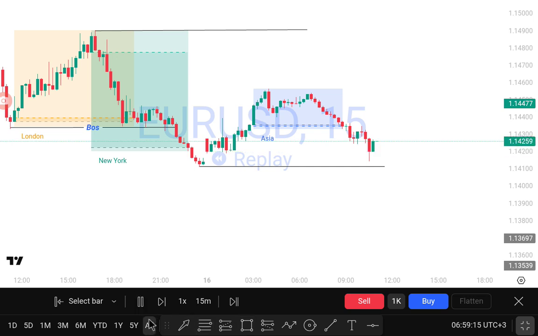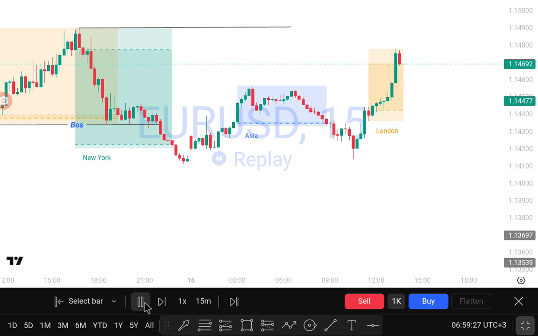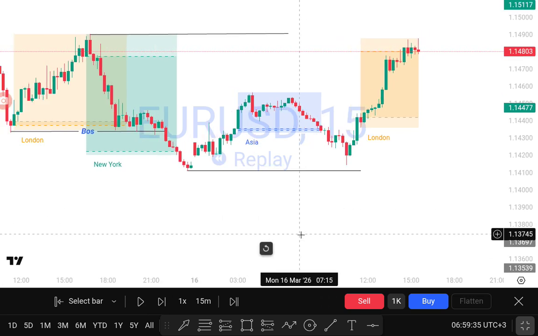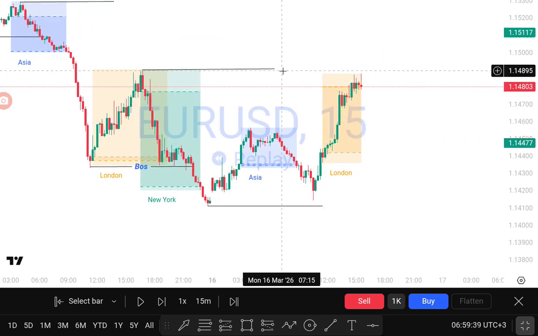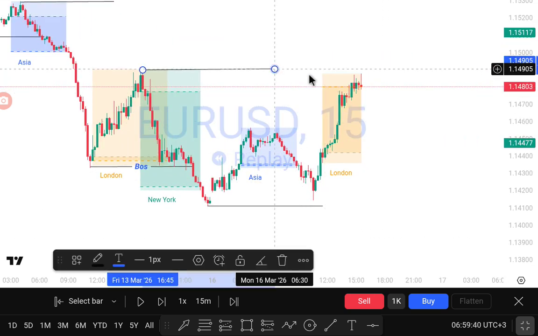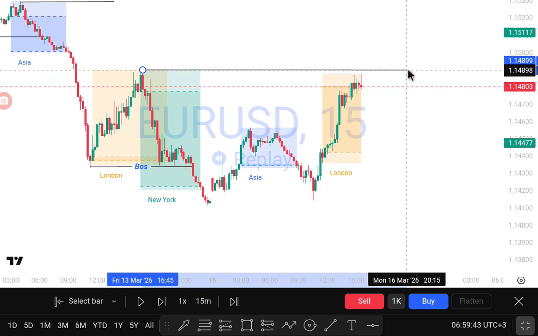Let's see how price comes back. Okay, we have not yet shifted from selling to buying. This is internal. Okay, look, still look. Now look at this. All of this is happening, but we are still going bearish.